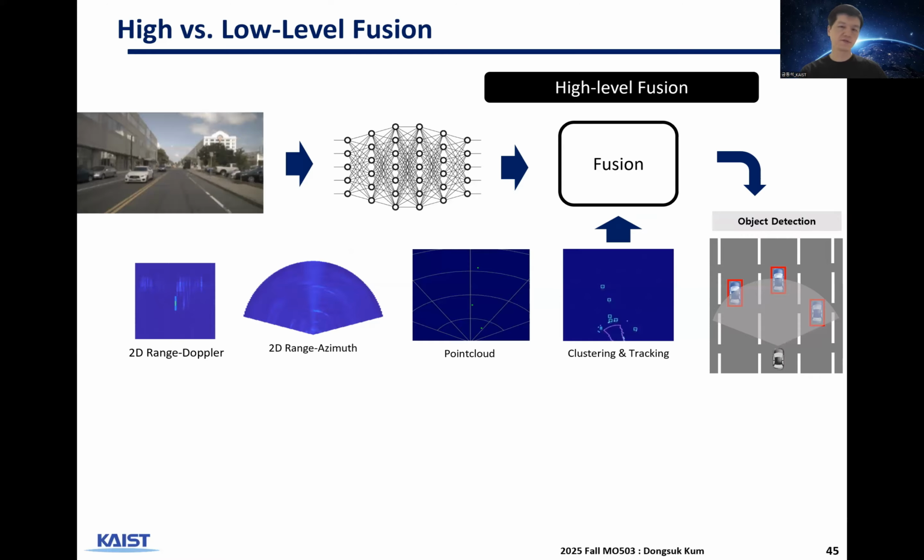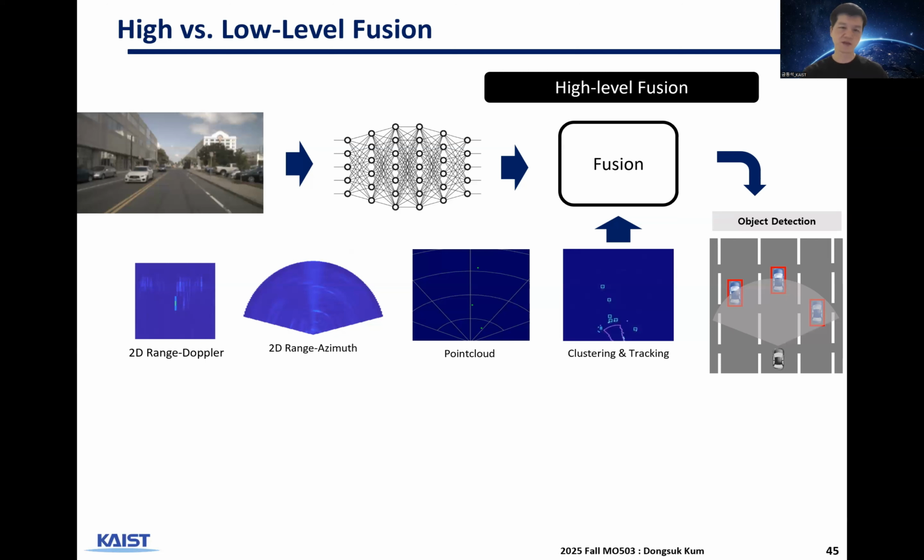But if you use this type of high level fusion, you're not getting the full potential of camera radar fusion, because a lot of the information is lost in the separate pipelines. Fusing at a late, high level also creates other problems.